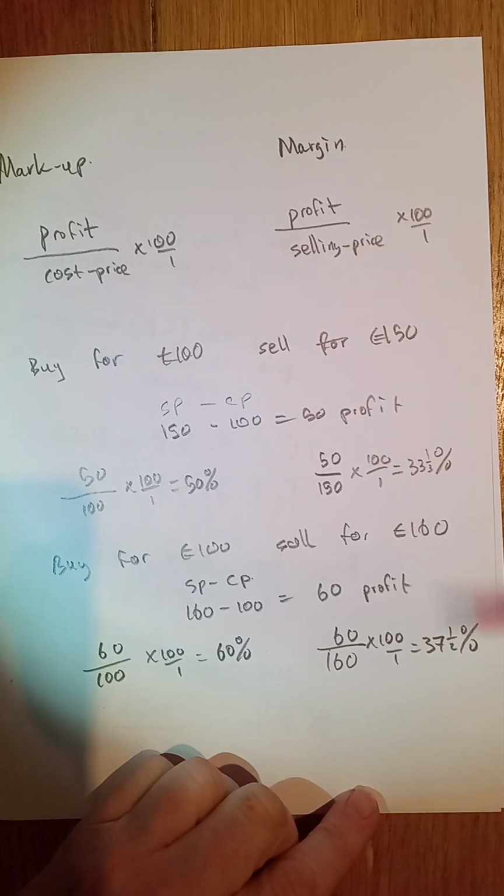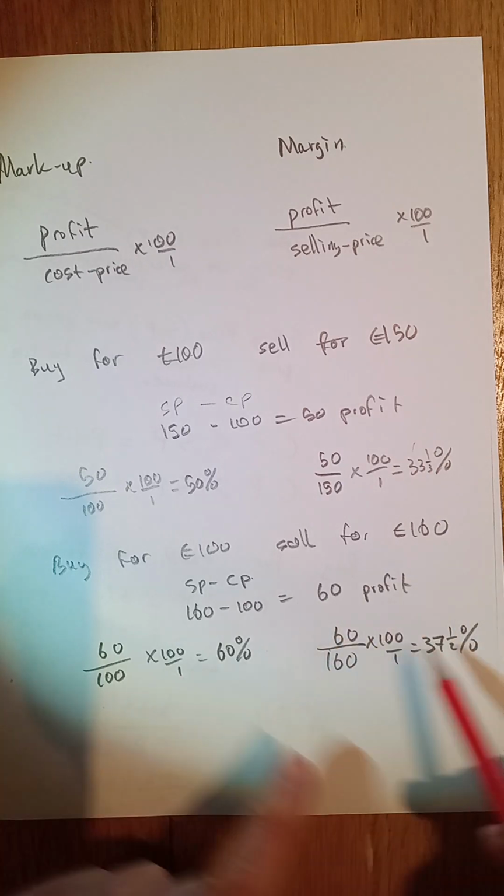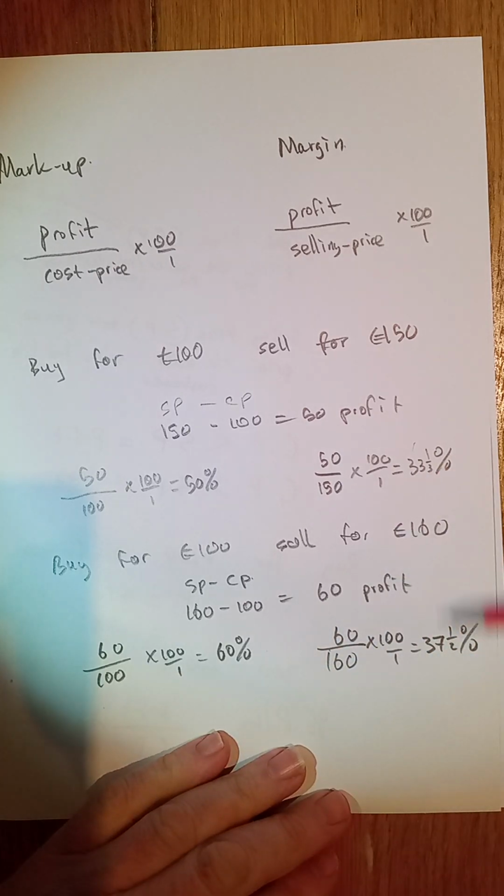So you see, your margin's gone up. That extra tenner doesn't look like much, but it does increase your margin. You can see the difference. Your margin's gone up 4 whole percent.